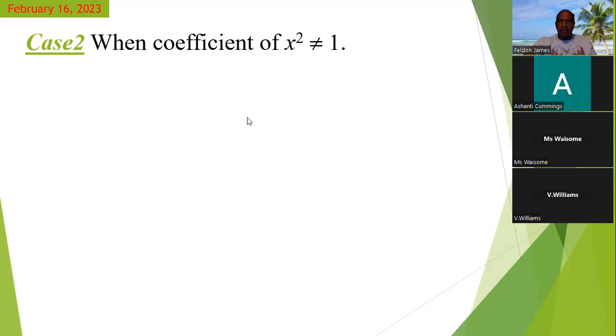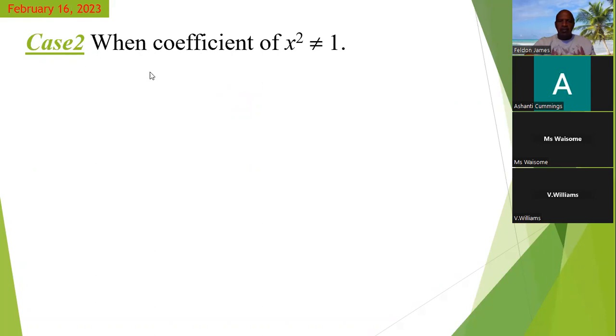So I'm just going to review the example we last looked at, and then we're going to go straight to the questions that you were doing, and then we're going to go through those questions together. All right.